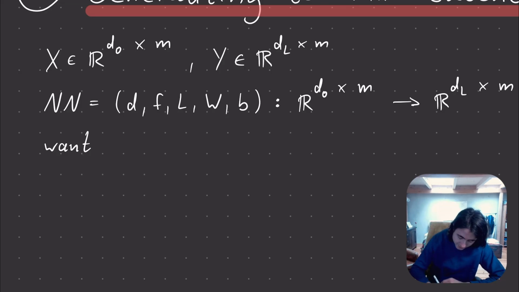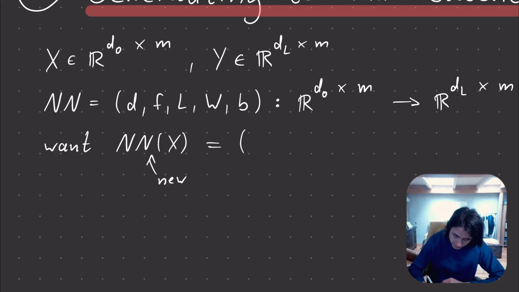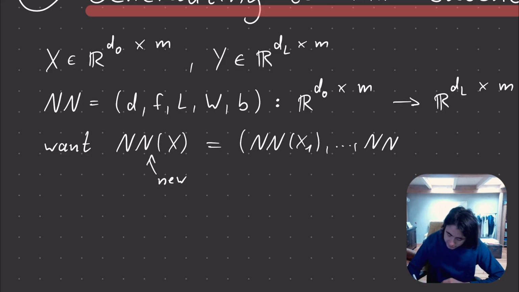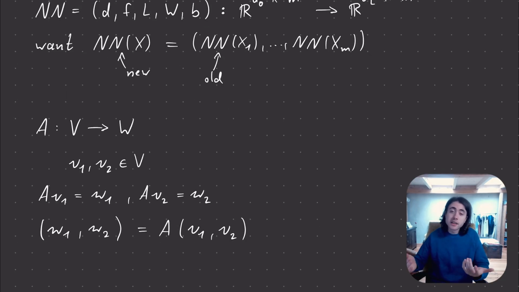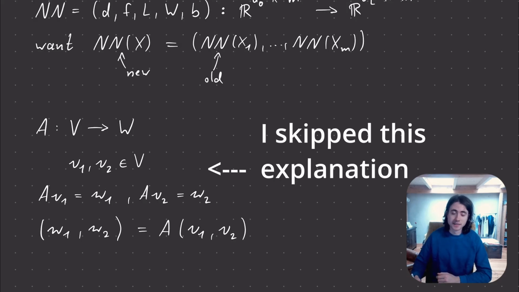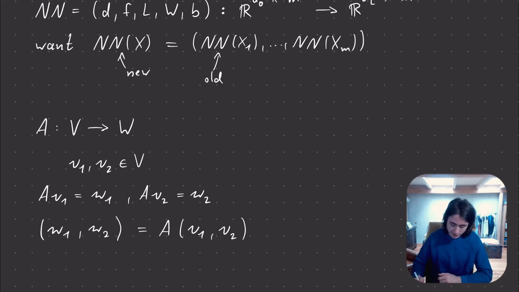So what I mean by that is that we want neural network of X with the new definition to be the same as the tuple where we pass each column into the individual entries of the old definition. But luckily for us, matrix multiplication already does this in a pretty natural way. So we don't really have to change that much about our definitions. And you can verify for yourself that this is indeed true for any matrix multiplication.